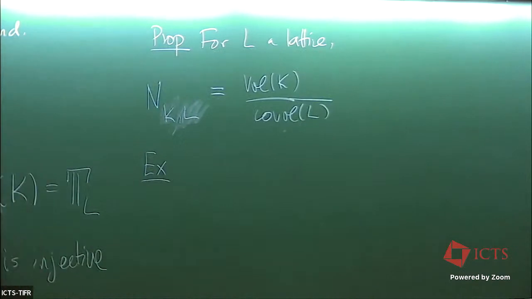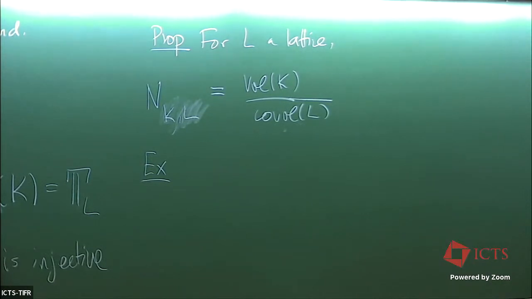So now let me make a definition that encodes how uniform the cover is. This is going to be denoted by eta of KL. I'm going to call this the smoothness of the cover.